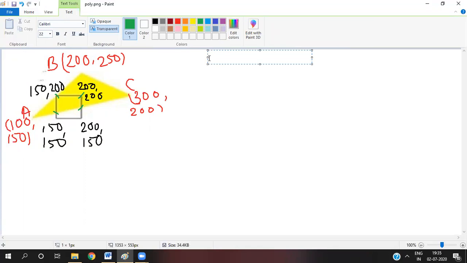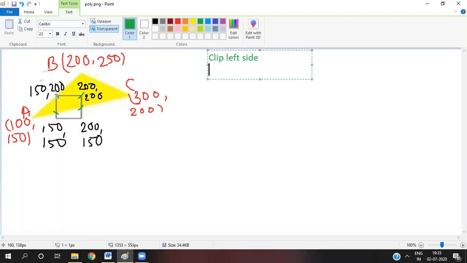First you need to clip the left hand side of the window for the polygon. If we clip at the left hand side, here I have highlighted the intersection points with green color. This is the first intersection point, this is the second intersection point.